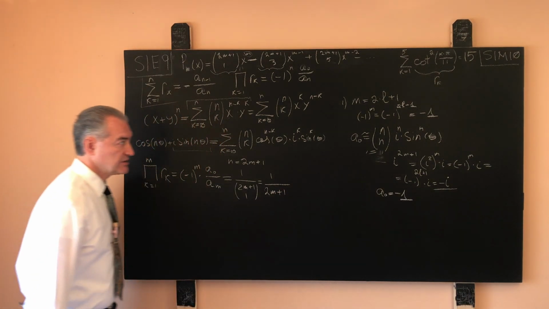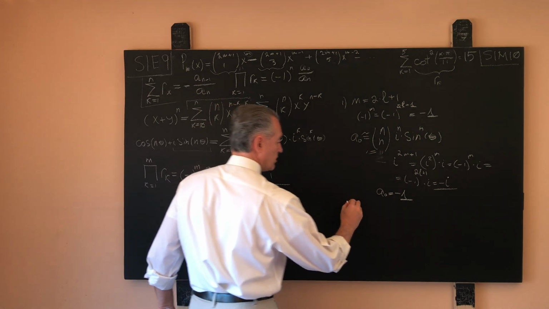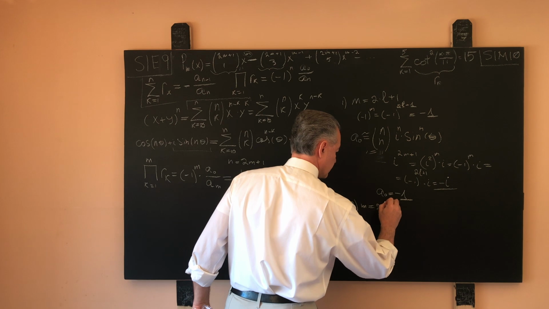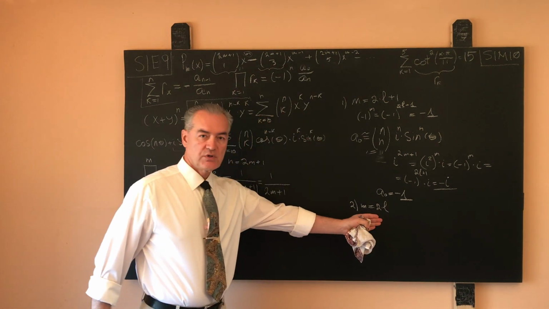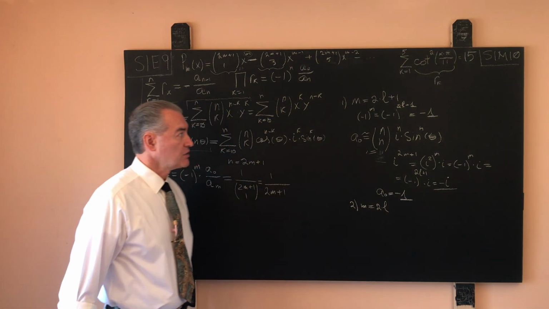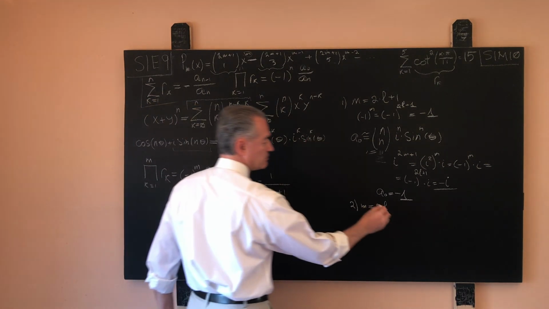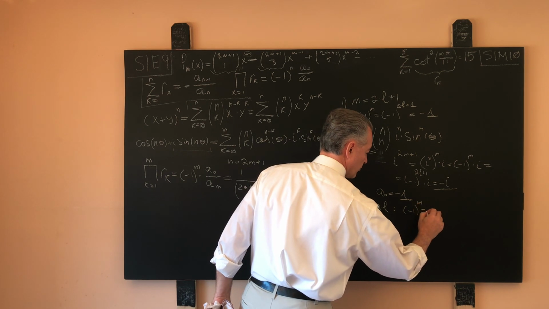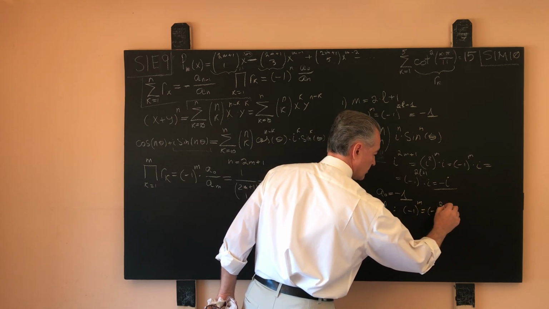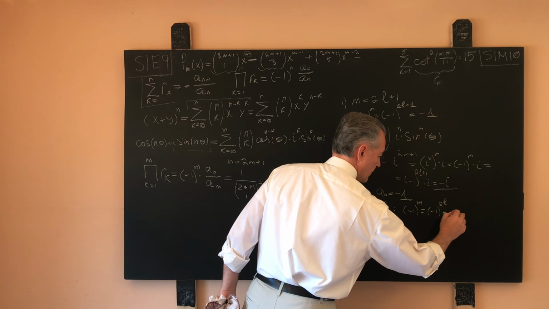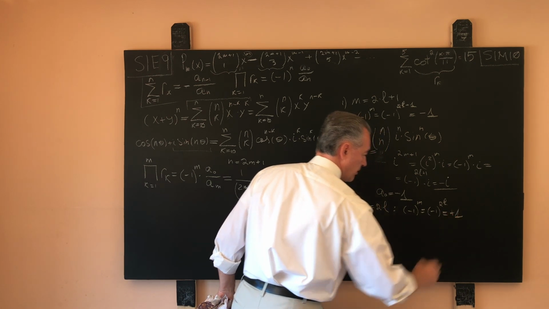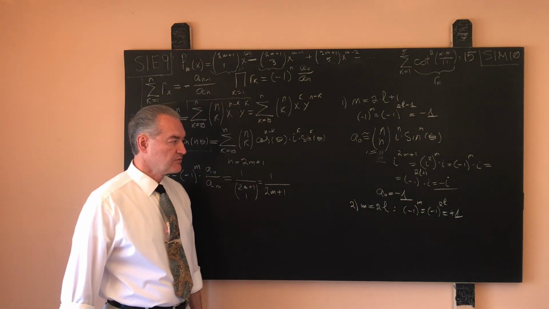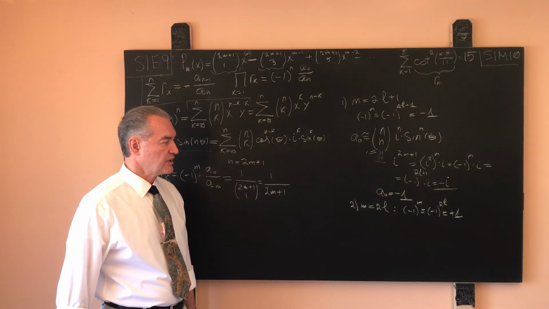Very well. Let us analyze the case when the value of m can be represented as 2 times l, or as a number that is even. Well, in this case, it is evident that -1 to the power of m will be -1 to the power 2l, which will be +1, the positive unity. -1 raised to an even power will be +1.